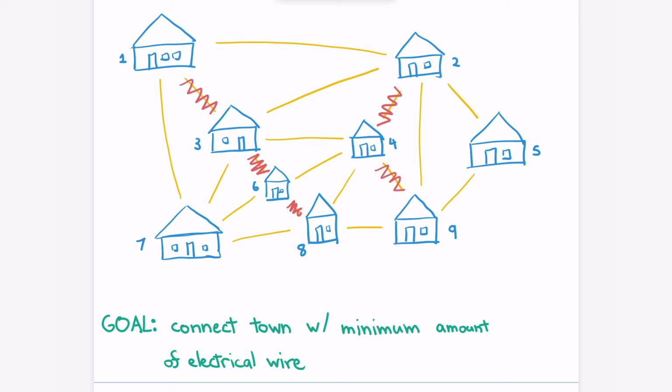Maybe like this. Like the length of the yellow line or something. Oh, the numbers are just naming the houses. A little ambiguous.